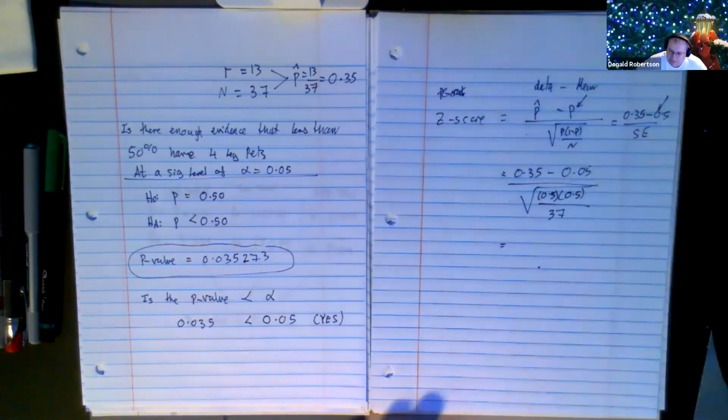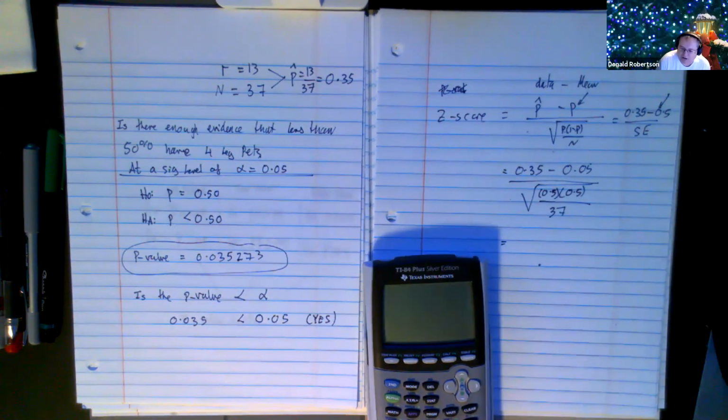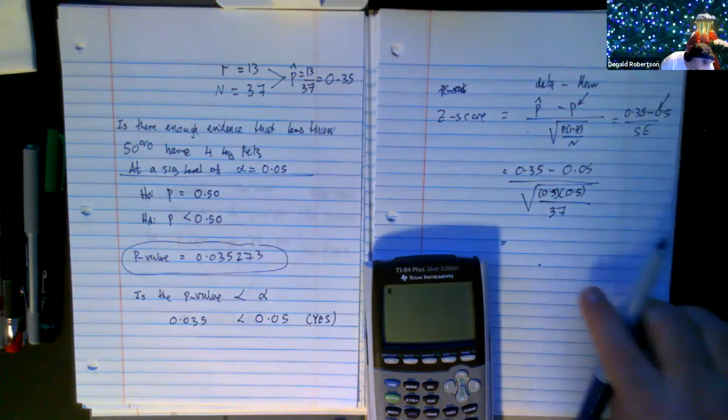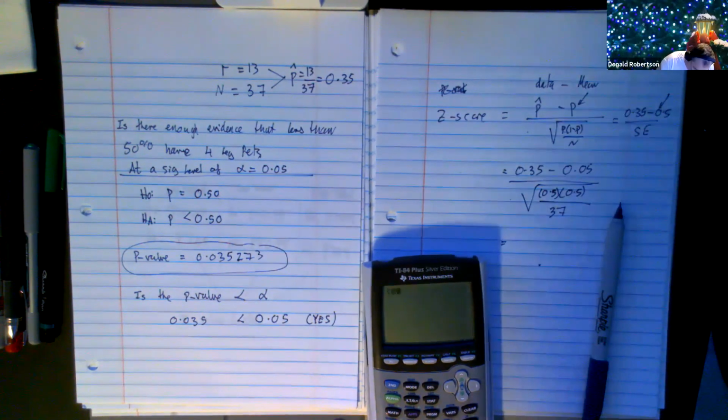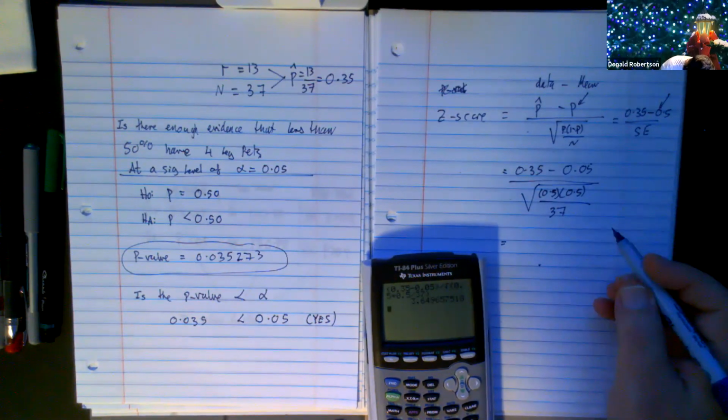That's a very messy looking calculation, but with a bit of luck, I should be able to do it without screwing up. So put a bracket around it, 0.35, take away 0.05, close the brackets, divided by a big ugly square root, 0.5 times 0.5, divided by 37, close the brackets, and that's not right.